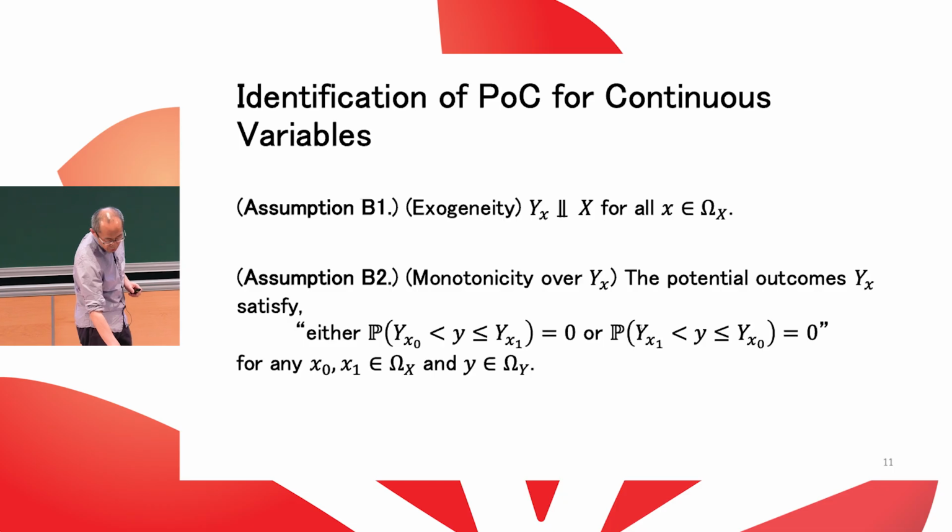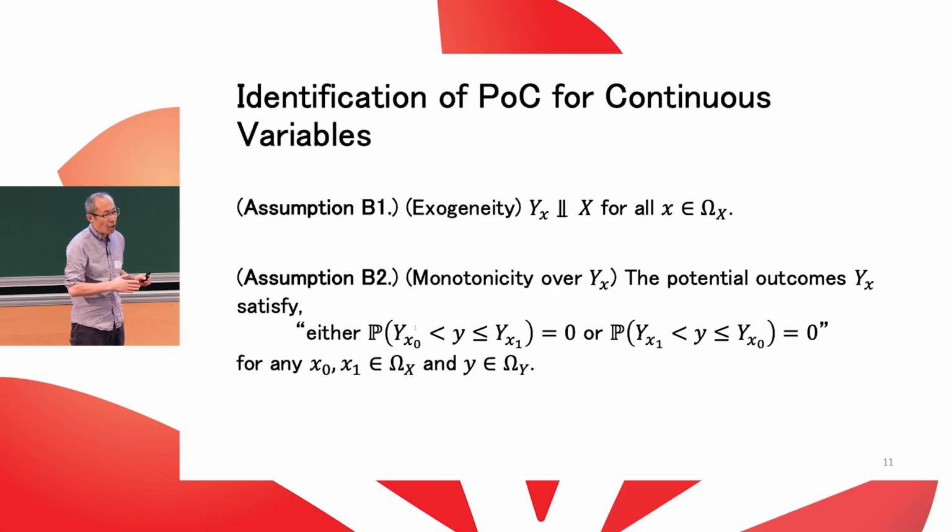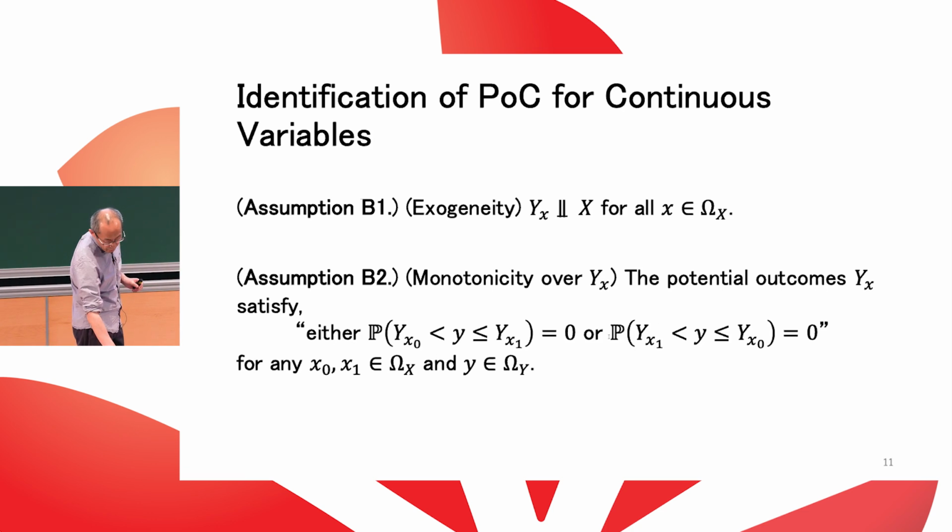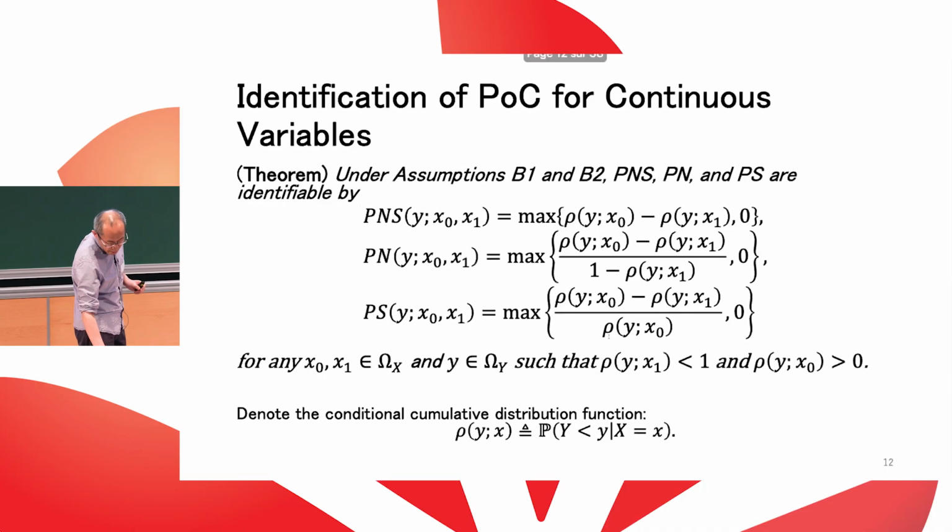I will not go into details, but intuitively we relax the original assumption a little bit, by assuming it can either monotonically increase or monotonically decrease. So either one of them. Under these two assumptions, we can show that the quantities we defined are identified in terms of the observed quantities.